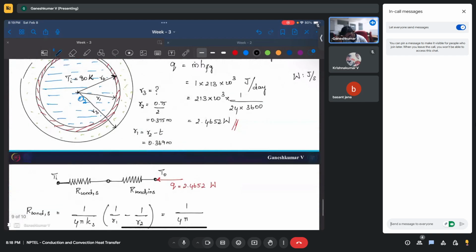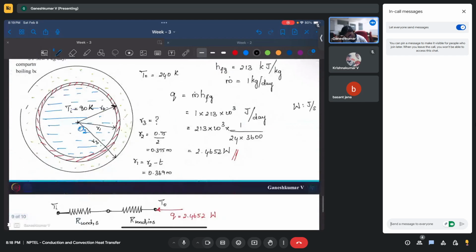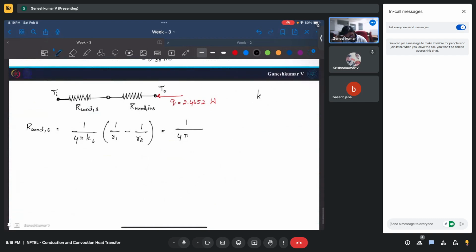So now the K of steel and insulation are not given, so I will write it here. K of steel is 9.2 watt per meter Kelvin, and K of insulation, usually they will have foil or some glass material which can provide you insulation. That's what they use. So that will be in the range of 10 power minus 5 watt per meter Kelvin.